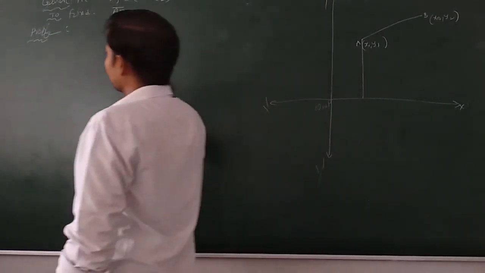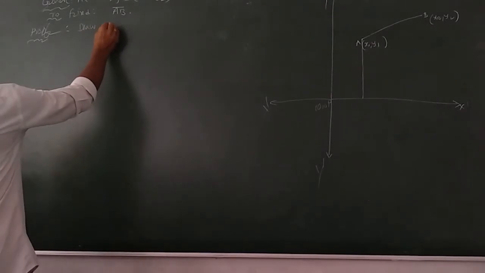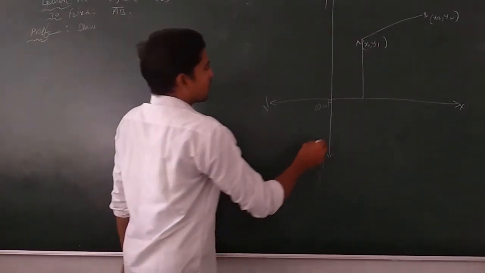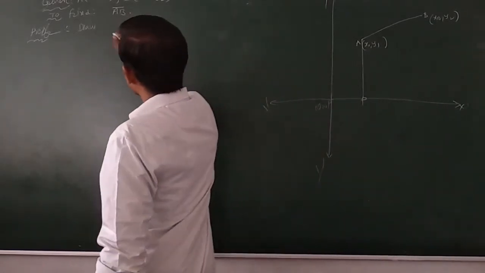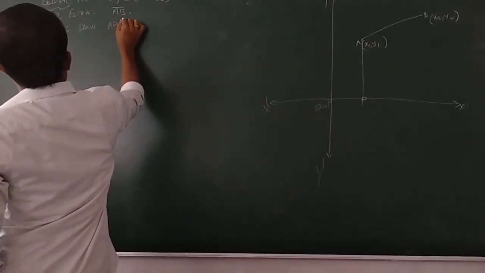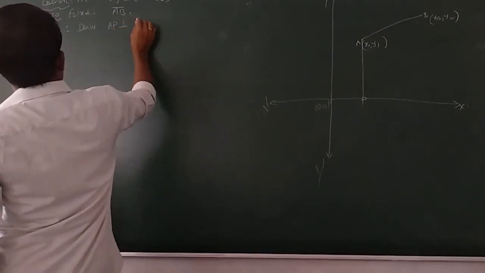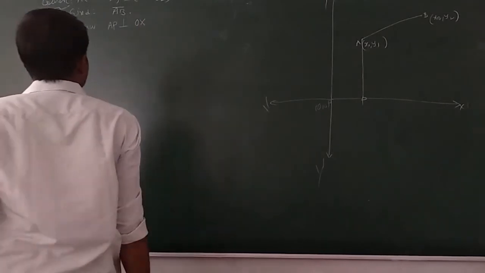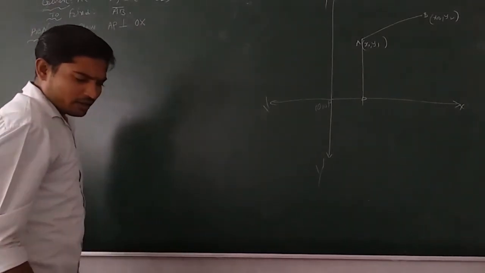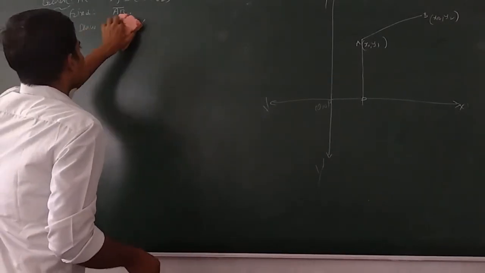Draw, suppose P, AP perpendicular to OX. I mean it is the x-axis. Otherwise write directly: draw perpendiculars from A to the x-axis.